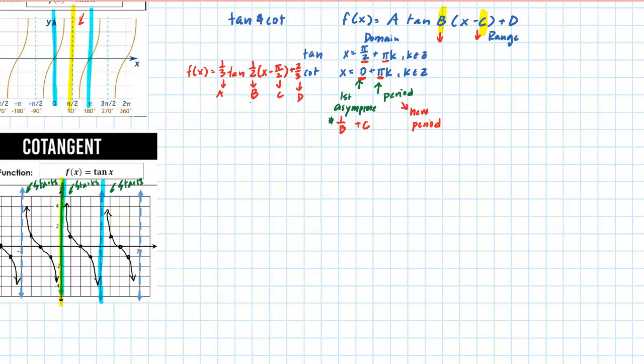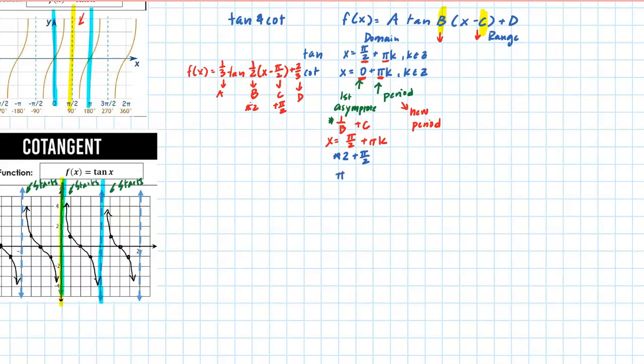Now remember to take the reciprocal of this, and we're going to add pi halves. Okay, so to the asymptote, x equals pi over 2 plus pi k, I'm going to now multiply this by 2 and add pi halves.